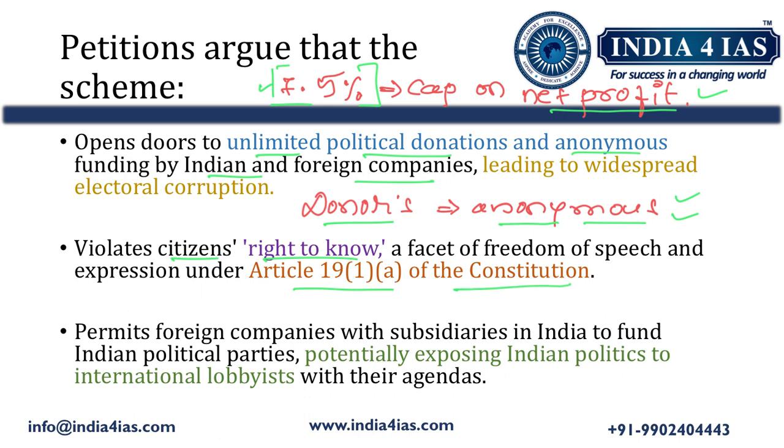So, in essence, this clause violates the fundamental rights of the citizens. Also, removal of the 7.5 percent ceiling on net profit exposes Indian political parties to international lobbyists. Why? Because certain foreign companies which have subsidiaries in India can fund political parties in India and can influence Indian politics.